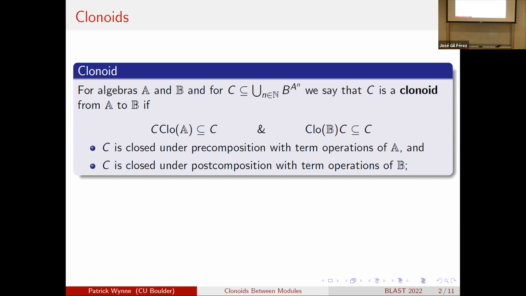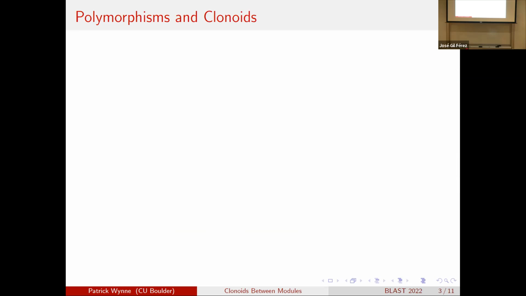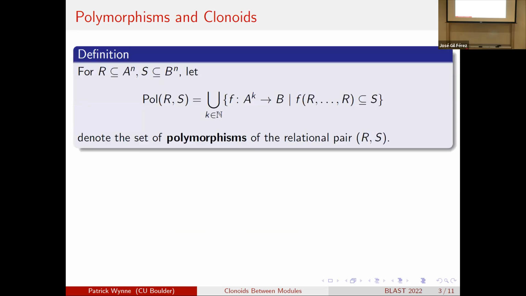Maybe just to add on to that, if you know clones, you know there's a connection between clones and relational structures, using the polymorphisms I mentioned. For clonoids, because domain and codomain are different, you also get a similar connection, but you need pairs of relations to describe them.